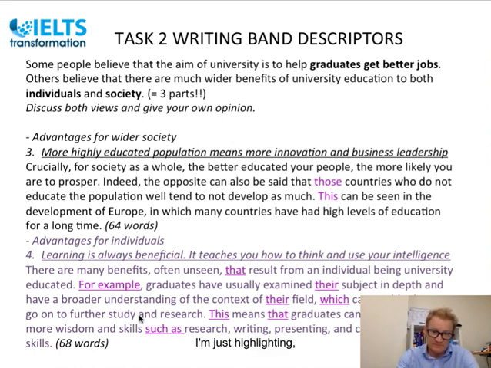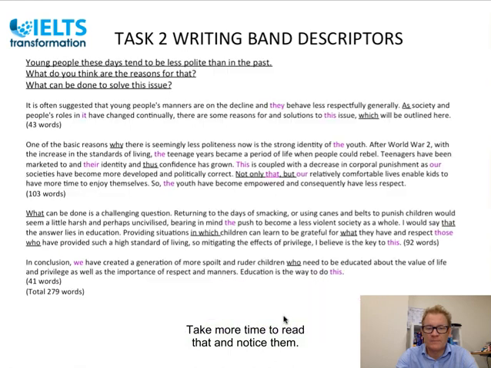I'm just highlighting, just showing you how common they are. Again, a mixture of demonstrative pronouns, which, as I said, are really important, and transitions, relative pronouns, all good.